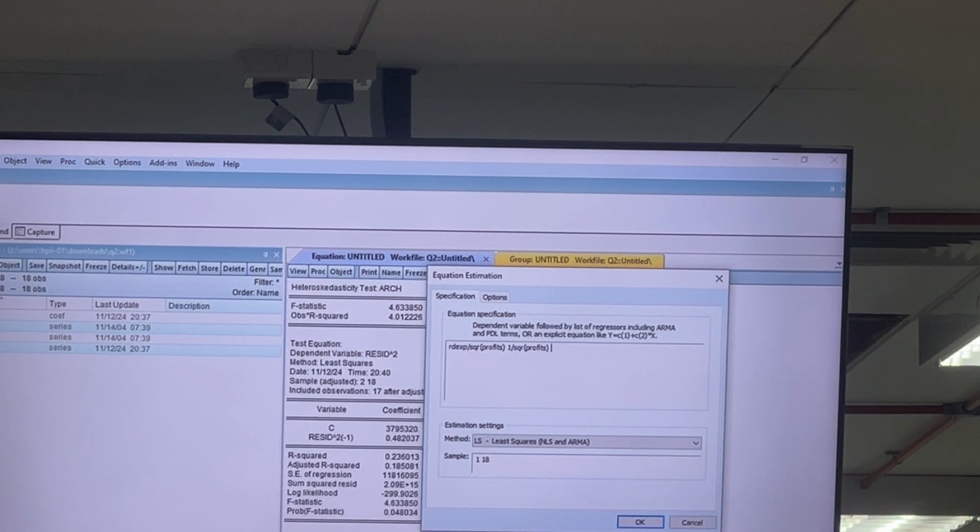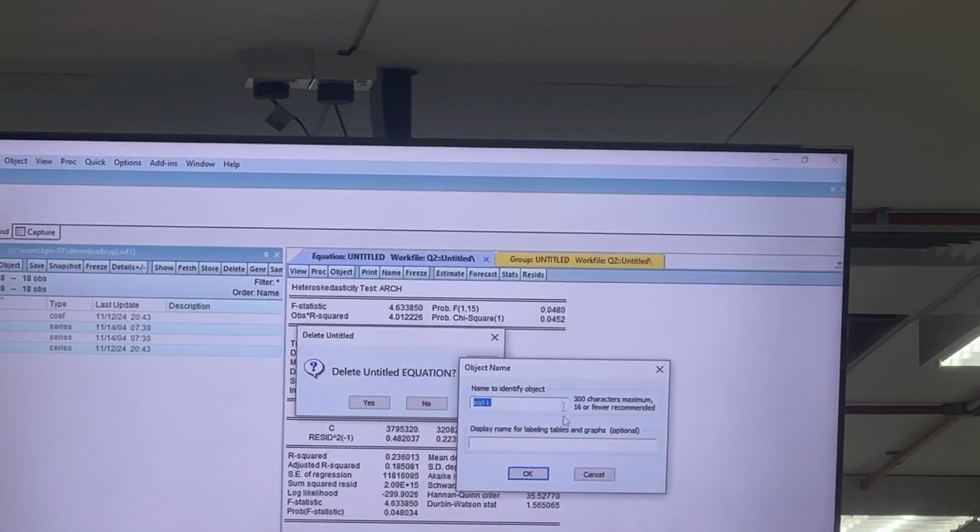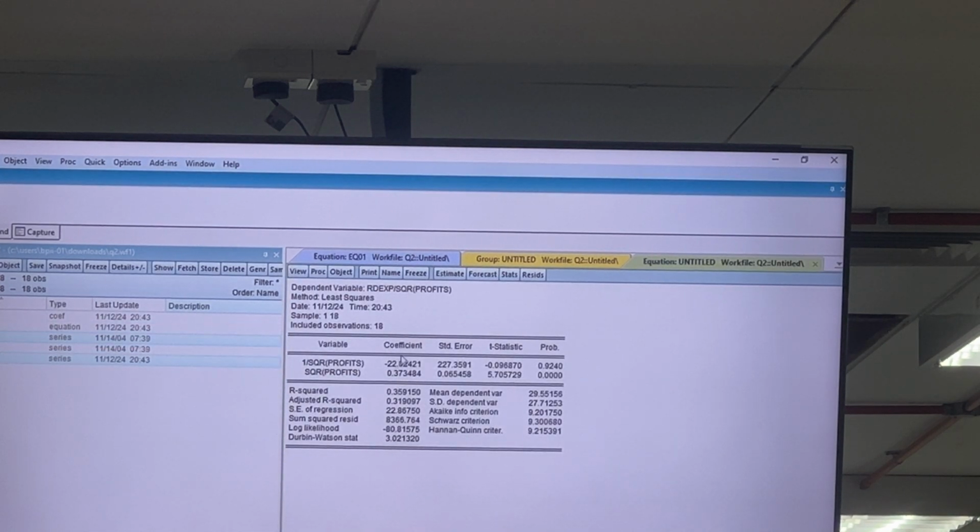And then we have profit divided by the square root of profit, which is the square root of profit. So name this as equation 2. This is the transform.